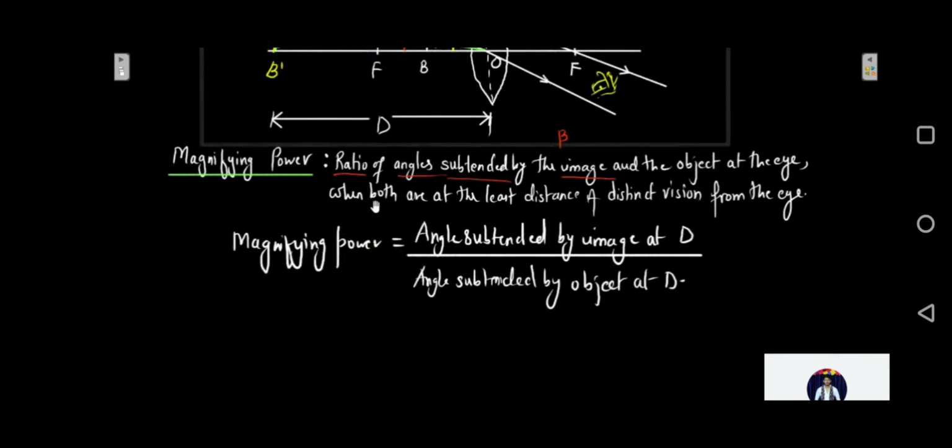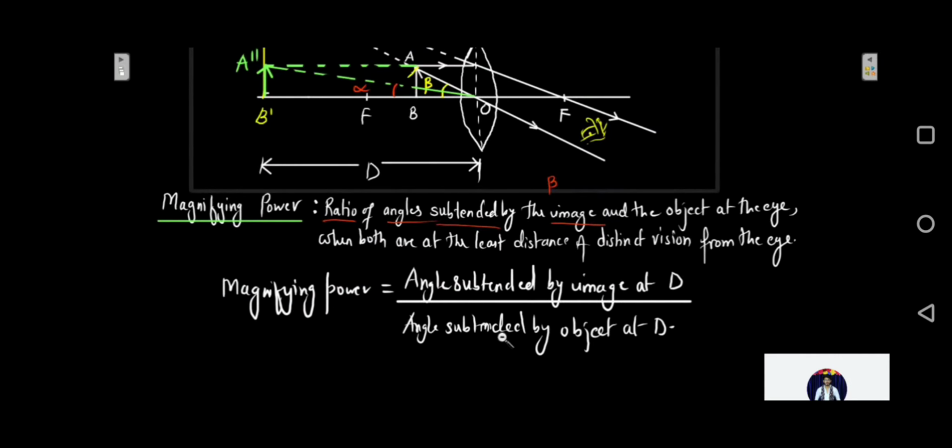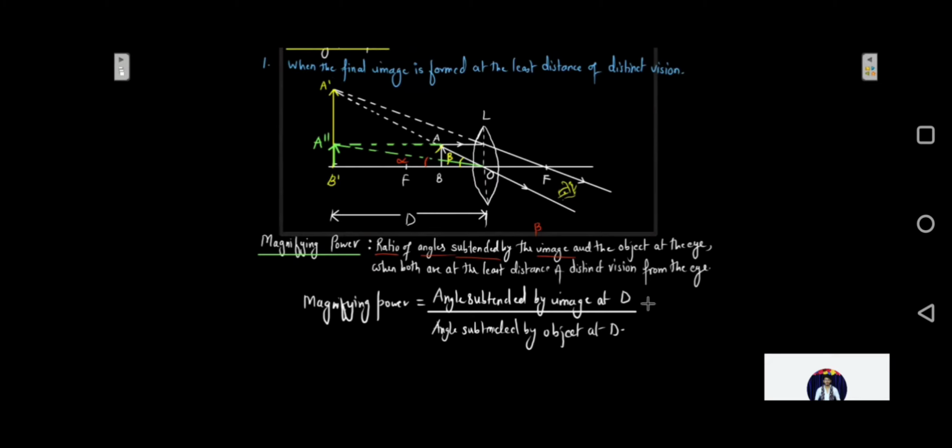The angle subtended by the image at D is beta, and the angle subtended by the object at D is alpha. Since alpha and beta are going to be small angles, we can approximate their values as tan of beta and tan of alpha.